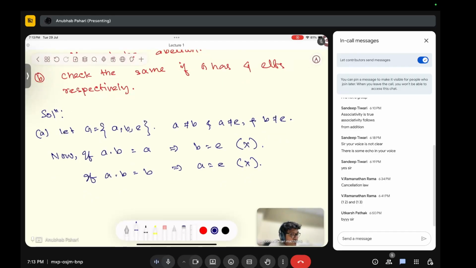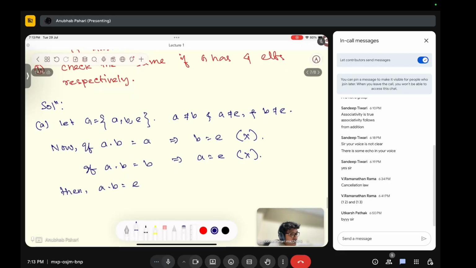So the only way is that A dot B equals E. Again, similarly you can check the other way, I mean this case.